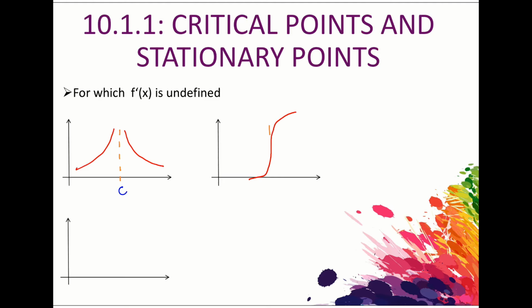So we can see here that the orange line goes through the critical point of the graph, or the stationary point of the graph, and c here represents the critical number for that graph. The third example involves a straight line graph which is reflected upon the x-axis. So the orange line goes through the stationary point of the graph, and c here represents the critical number for the graph.